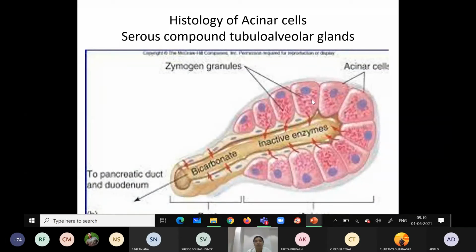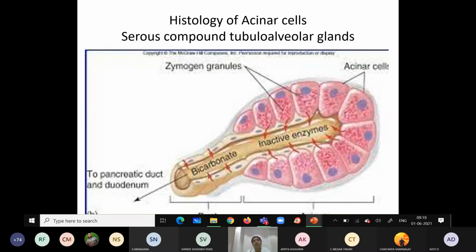Whenever a stimulus occurs, like a lot of consumption of fats or proteins, then these glands are stimulated and they release their content of enzymes into the ducts, right? When the stimulus occurs, they release zymogen granules, release the enzymatic content, but these enzymes are always in inactive form.